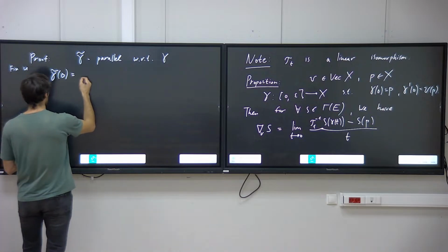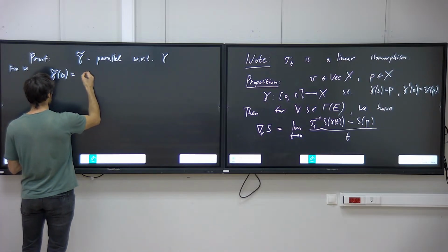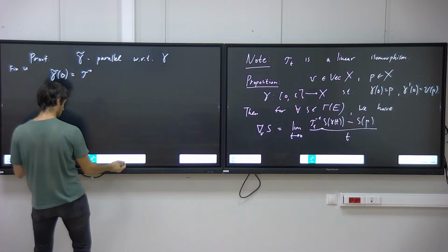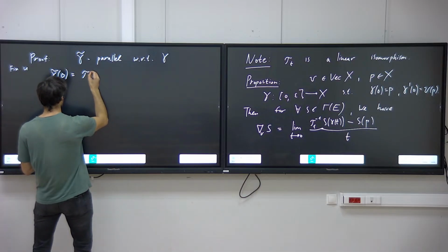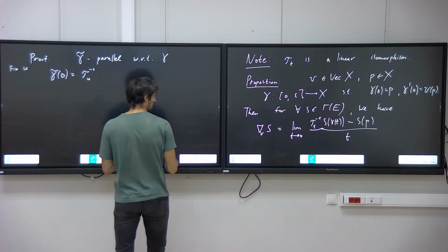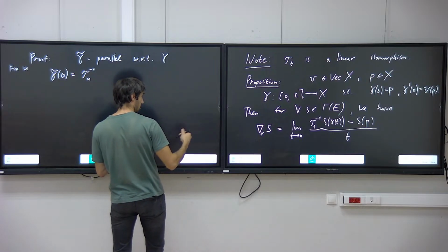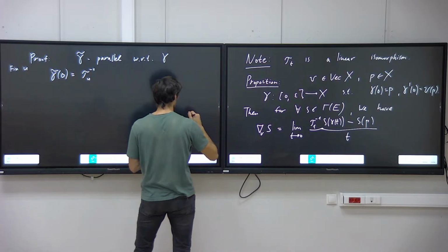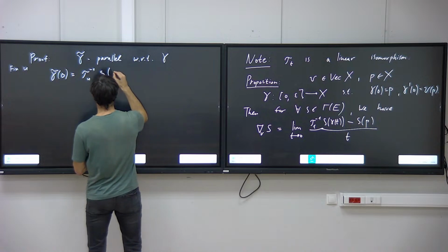But for now I fix it, and then gamma tilde of 0 is just tau inverse u, so this guy. Since I fix the argument for now, I will call it u. So S of gamma of u.